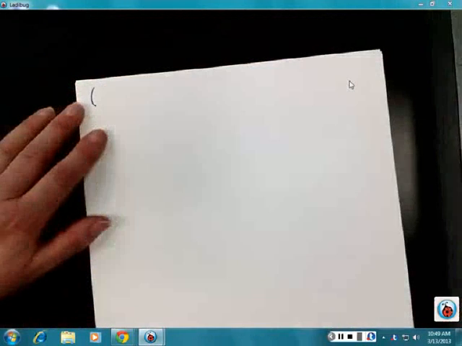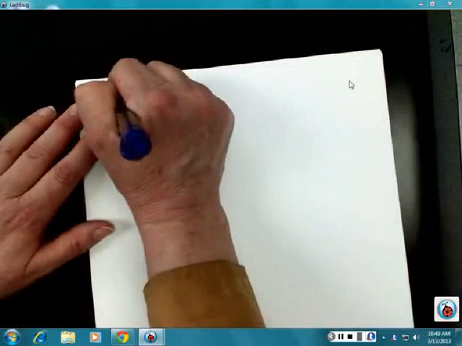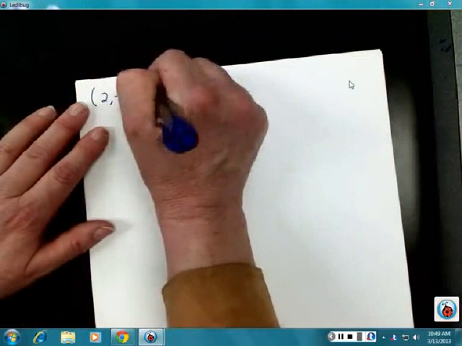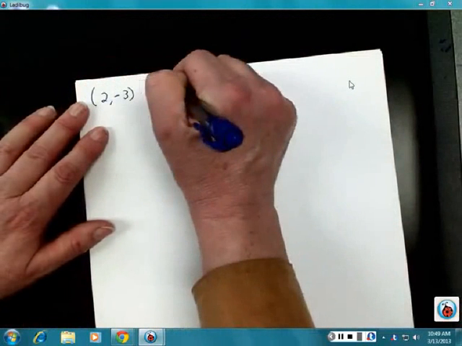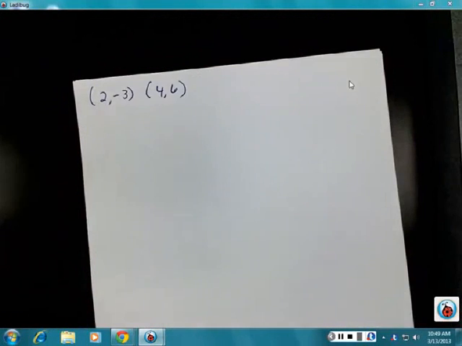So here's another one. What if you had (2, negative 3) and (4, 6)? What's going to be my slope?